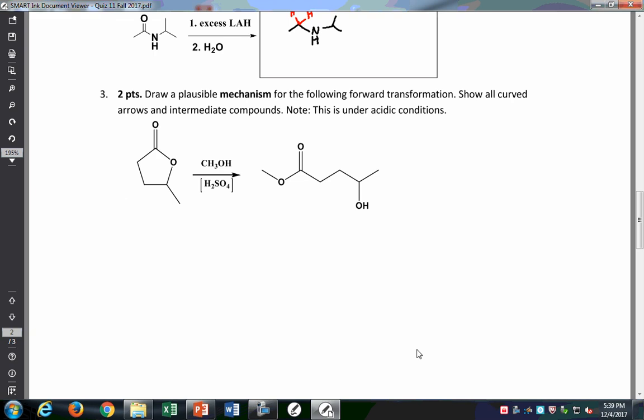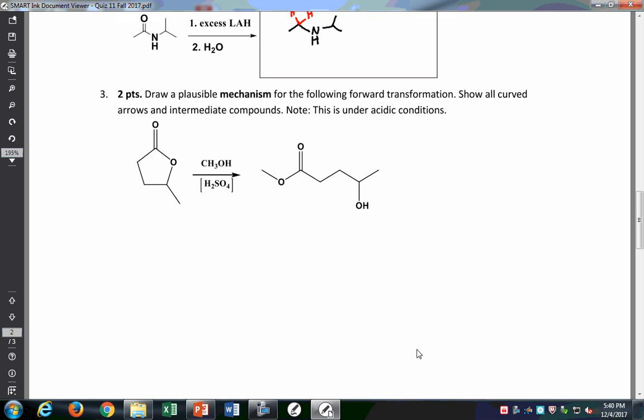Okay, so this particular synthesis mechanism is very much like the mechanism we showed before. But we have this leaving group. Again, it's acid catalyzed, so again, the H plus source is coming from our acid, our H2SO4, not from the alcohol.